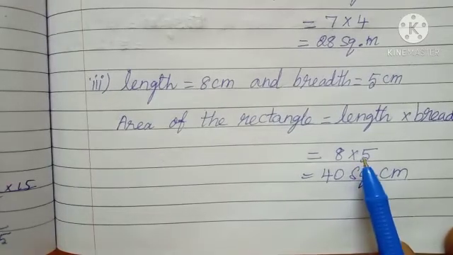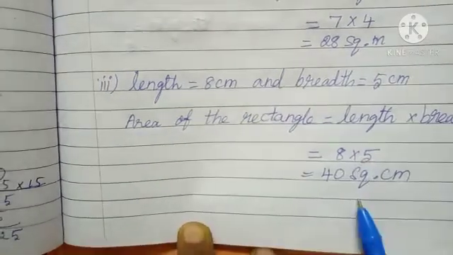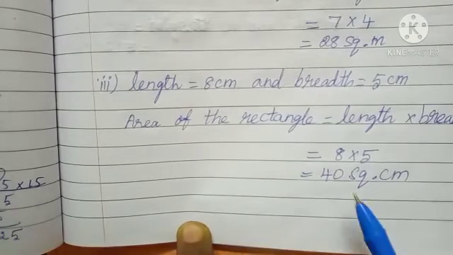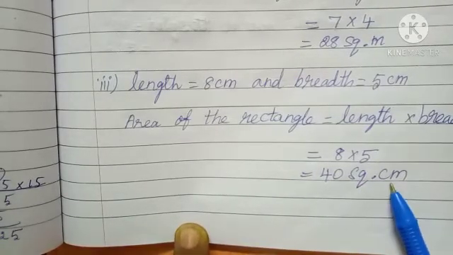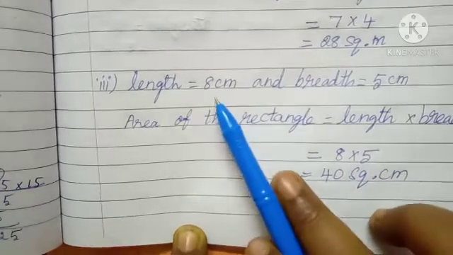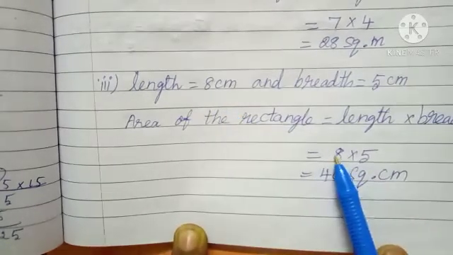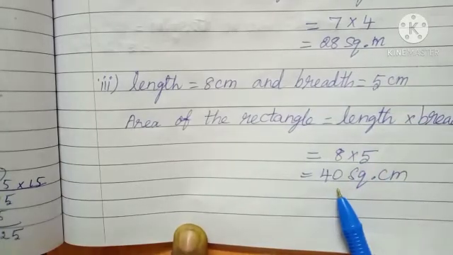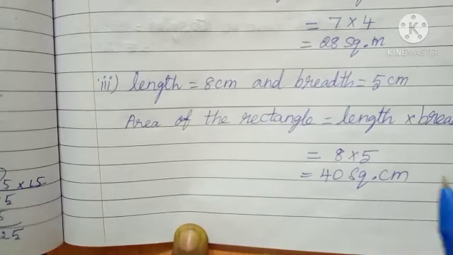For area, write the answer in square units: if meter is given, write square meter, and if centimeter is given, write square centimeter. So length 8 centimeter, breadth 5 centimeter, 8 fives are 40 square centimeter.